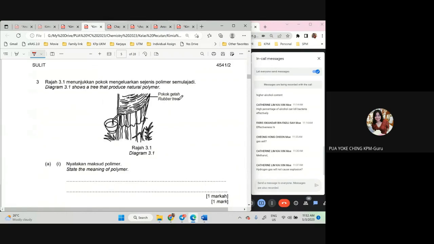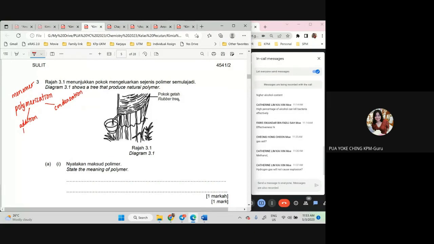So chapter 4 is about polymer. First of all, please memorize the meaning of polymer, the meaning of polymerization, and the meaning of monomer. And polymers can go two ways: one is addition, one is condensation.